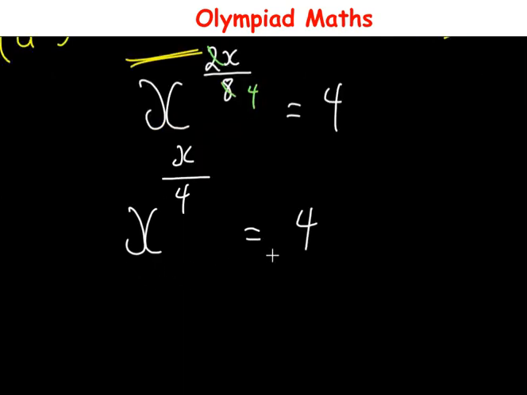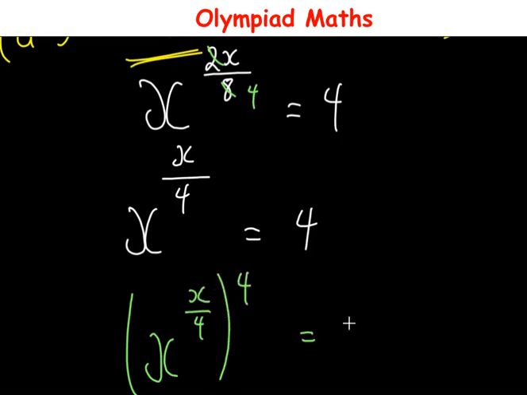At this junction, we need to solve for the value of x. Now, how do we solve for the value of x? We can multiply both sides with power 4. So this becomes, in brackets, x raised to power x over 4, then multiplied by power 4, is equal to 4 raised to power 4.